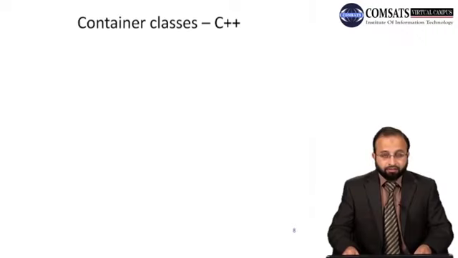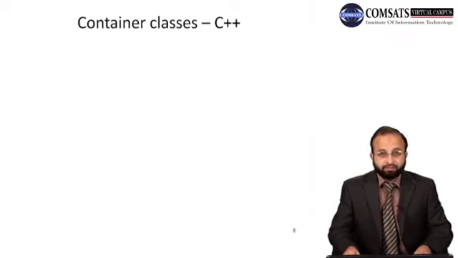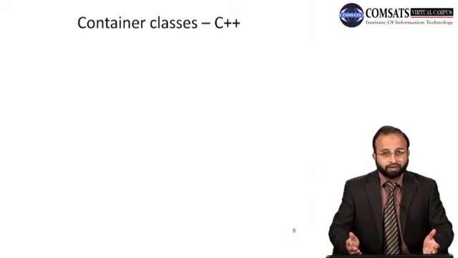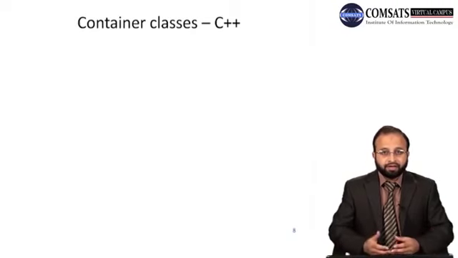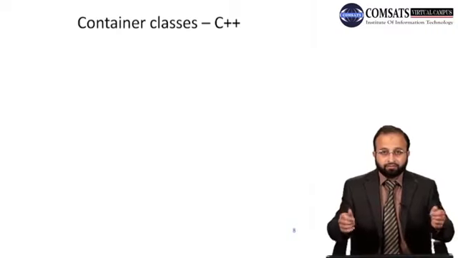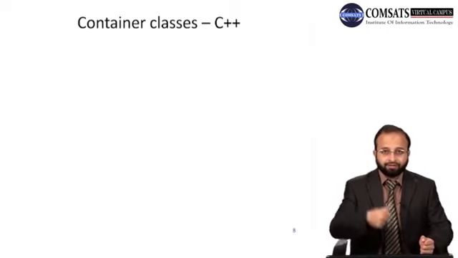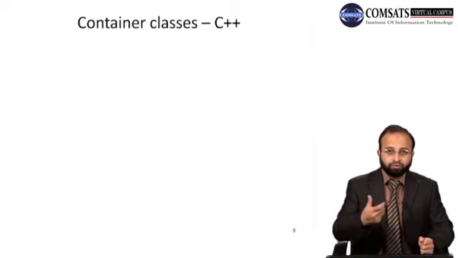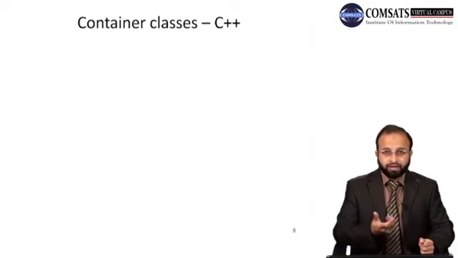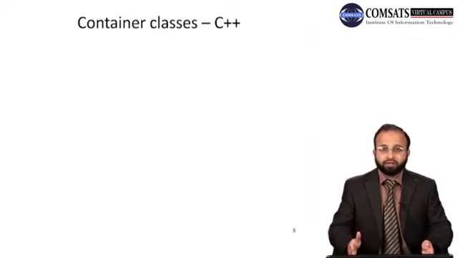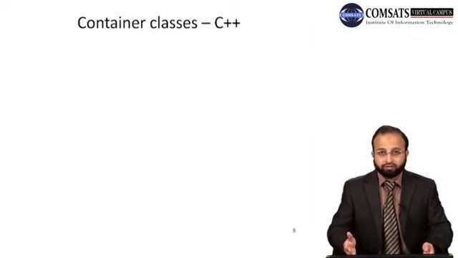So now let's see what container classes are in C++. From the real world we have observed that a container is something that contains objects. So we can say a container is an object. For example, if I have a metallic box, and I put different kinds of tools inside that box, each of these tools is an object of a tool class, and that box is also an object of a toolbox class, right?